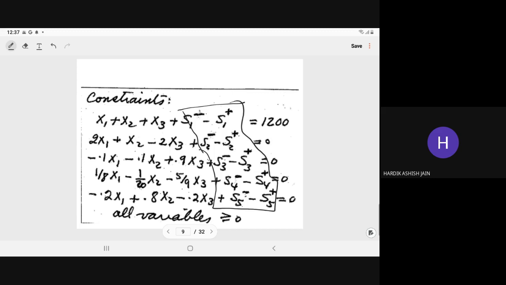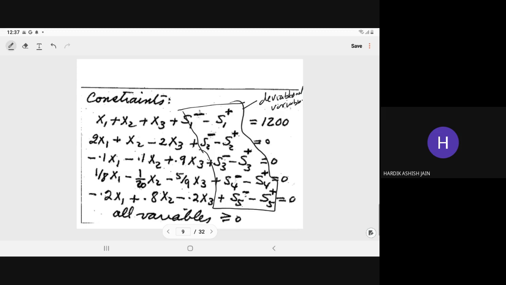Now, when these constraints are treated as objectives, you have to add the deviational variables. Deviational variables tell whether the goal is achievable or not.